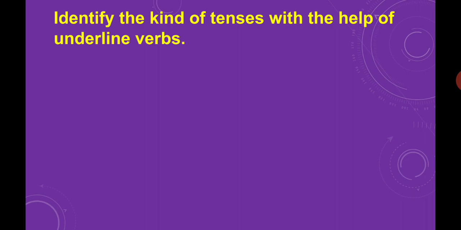Now we are doing the most important exercise of these two lessons. Identify the kind of tenses with the help of underlined verbs. In this exercise, we have given underlined verbs. With the underlined verbs, we have to identify the kind of tenses.